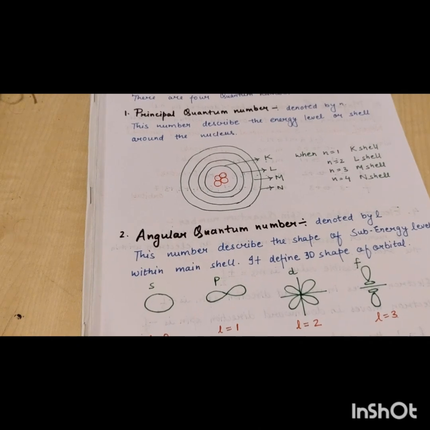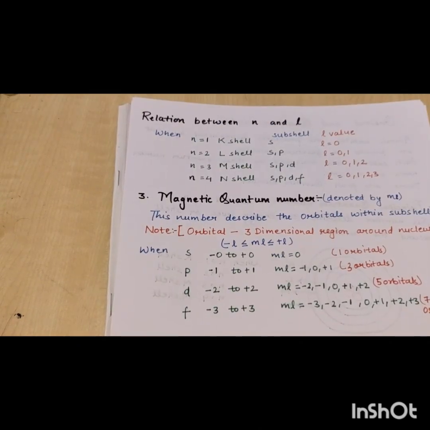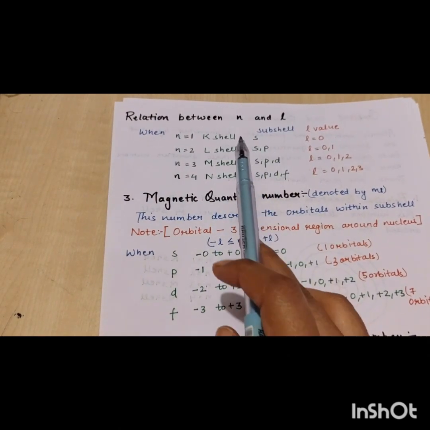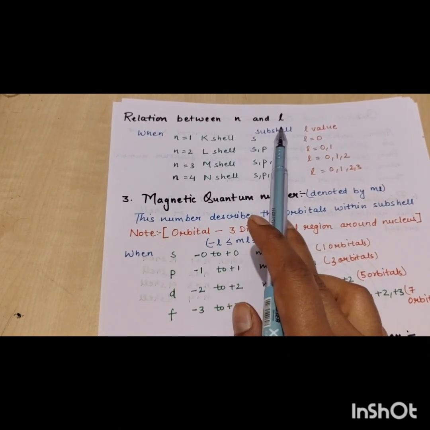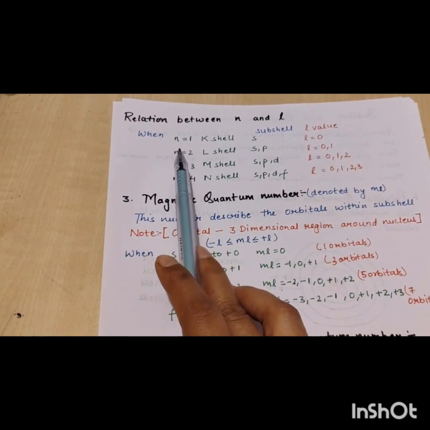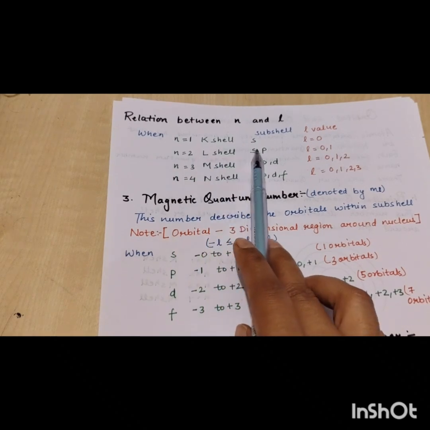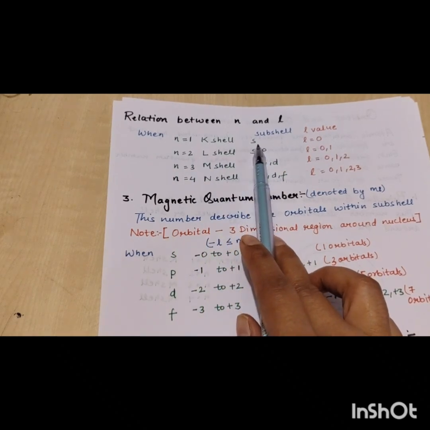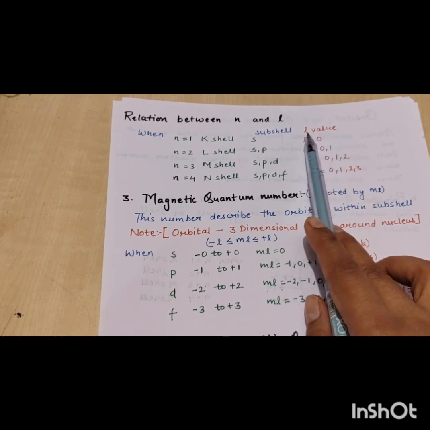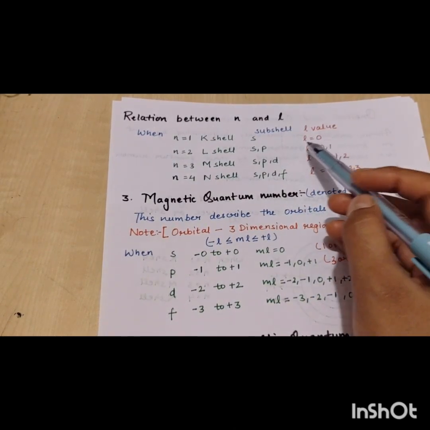Now moving to the next, that is the relation between n and l, the principal quantum number and the azimuthal quantum number. As described, n is equal to 1 is the K shell having subshell s, and here the angular quantum number is l equal to 0.